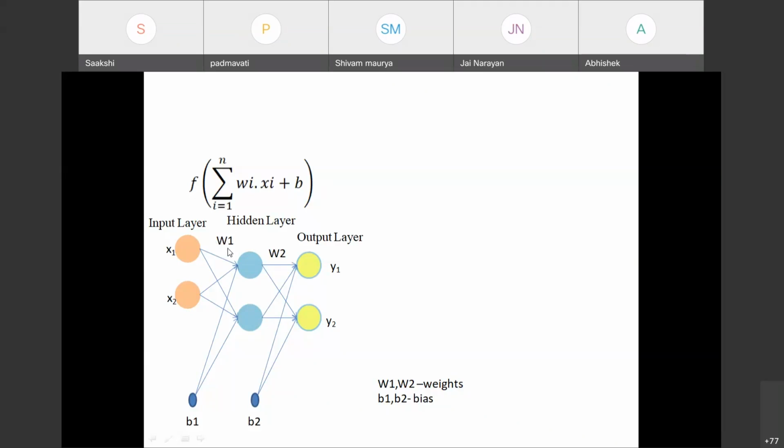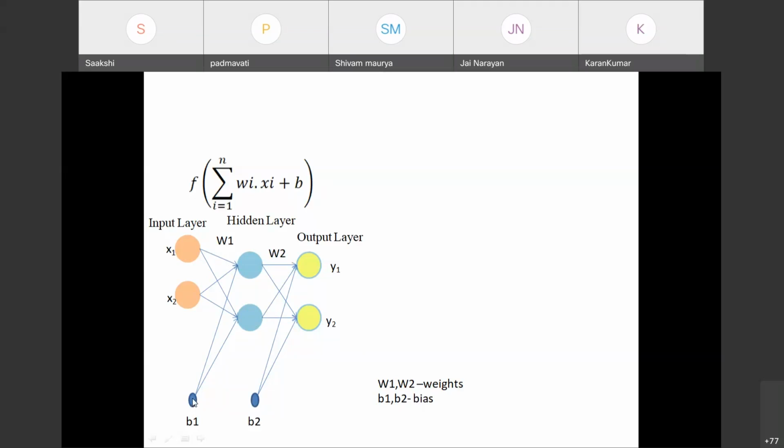So the weight matrix W1's dimension is 2 cross 2. And what about the dimension of the first bias term? It should be 2 cross 1, correct.